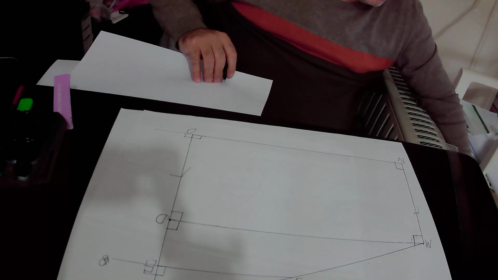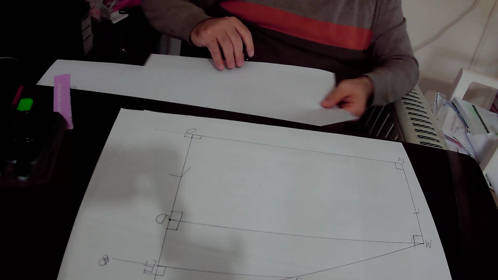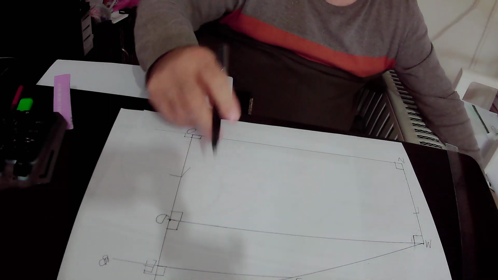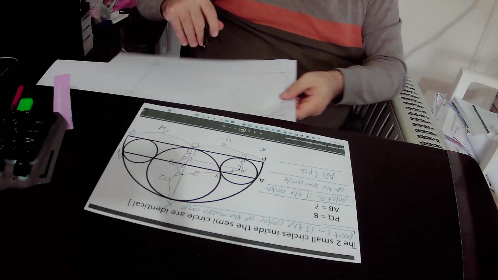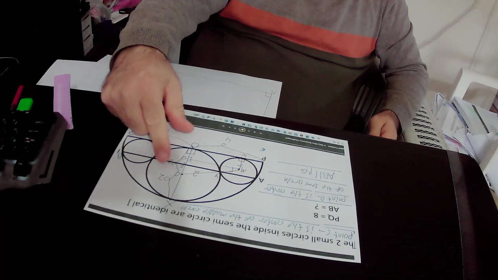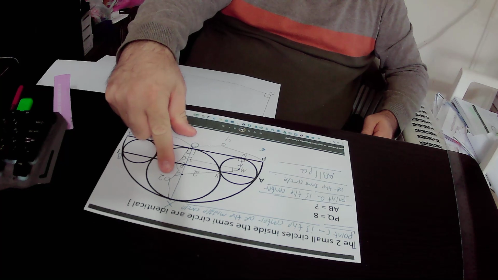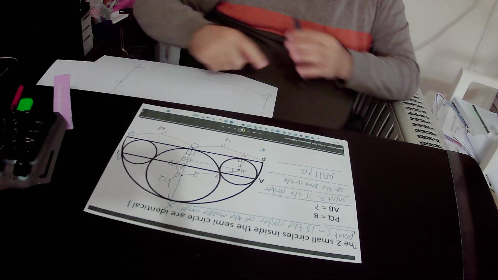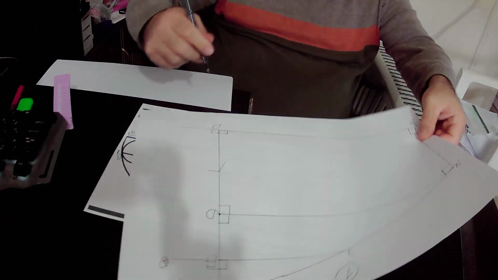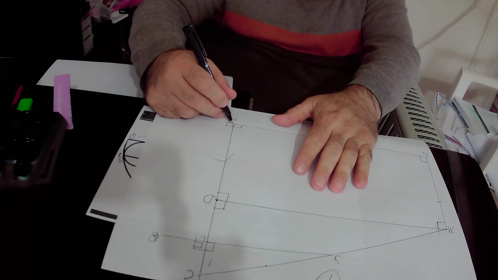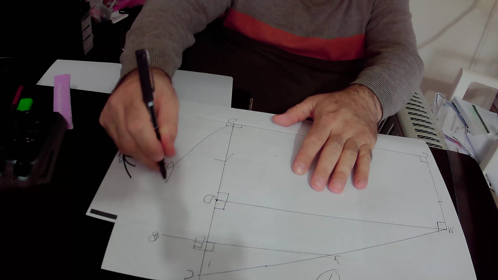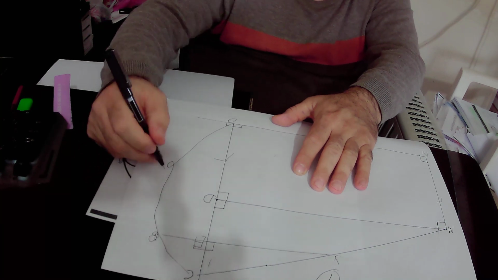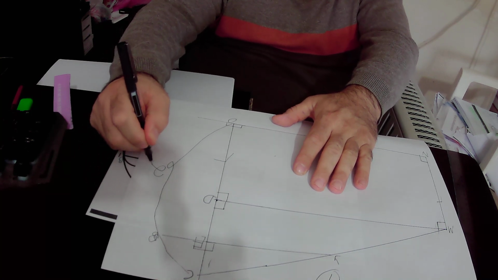And what is the value of CO? The value of CO, we can see in the original drawing, that CO is the radius of the middle circle, that is to say it equals 2 units. So CO equals 2 units because it is the radius of the middle circle.